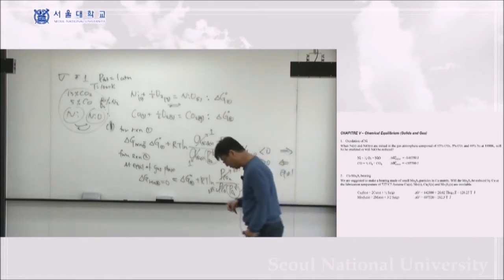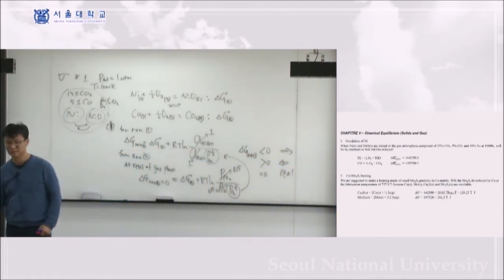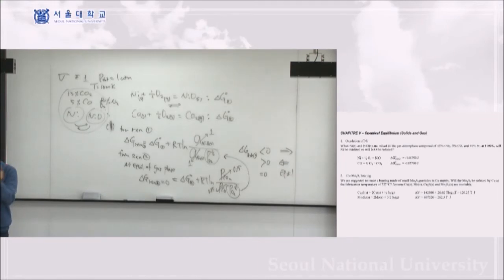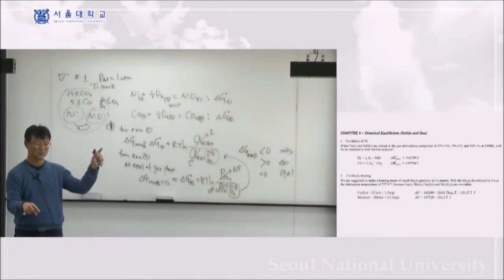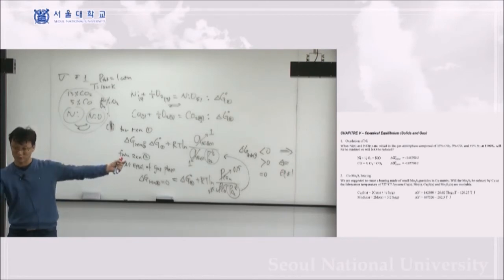When we say pure solid, it's not a solution phase. Nickel oxide is not a mixture of nickel and oxygen as a chemical solution. If nickel oxide were a solid solution, then nickel could have 1% oxygen solubility, 2% oxygen solubility, and so on, all the way to 50% oxygen solubility.